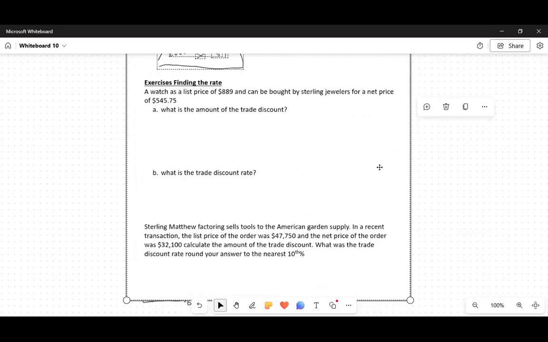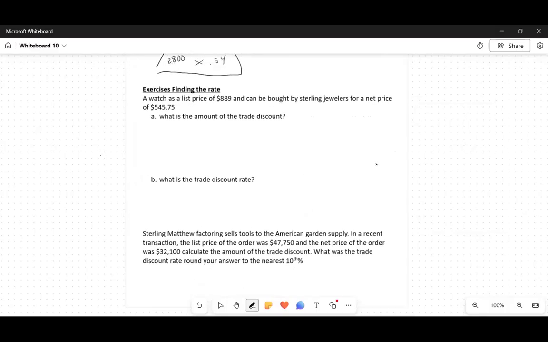All right, now I want to find the rate, and this is where it becomes a little trickier, but let's keep in mind the same formula I was showing you. A watch has a list price of $889 and can be bought by Sterling Jewelers for a net price of $545.75. So there's two ways I could do this. I could go back to the portion formula, like when we were trying to find the amount of difference.